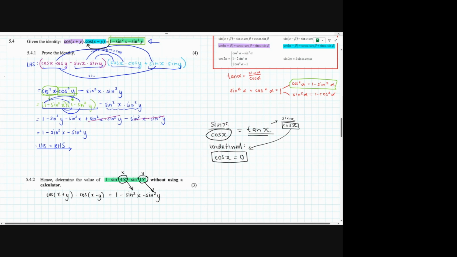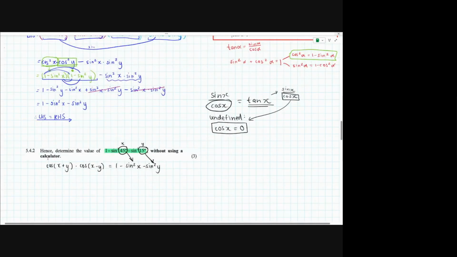So all we do is substitute in. Again, don't overthink it. Just sub it in. So we have cos of x, 45, plus y, so plus 15, times cos of x, 45, minus y, so minus 15. Cos of 45 plus 15 is cos 60.